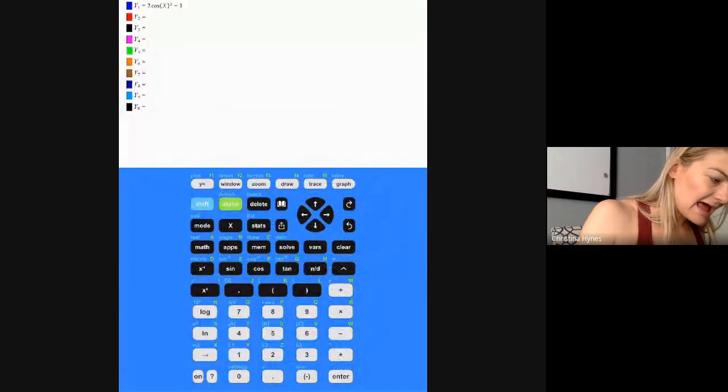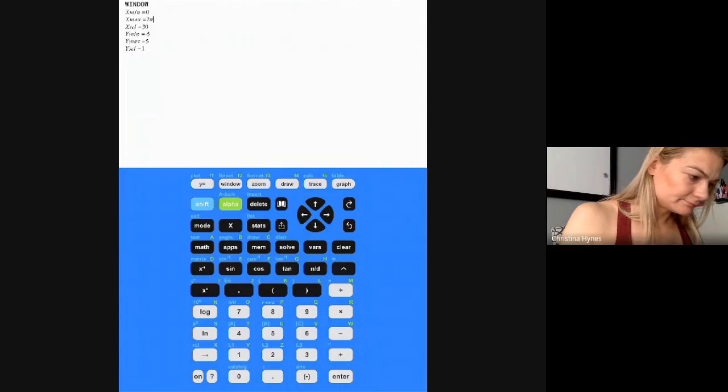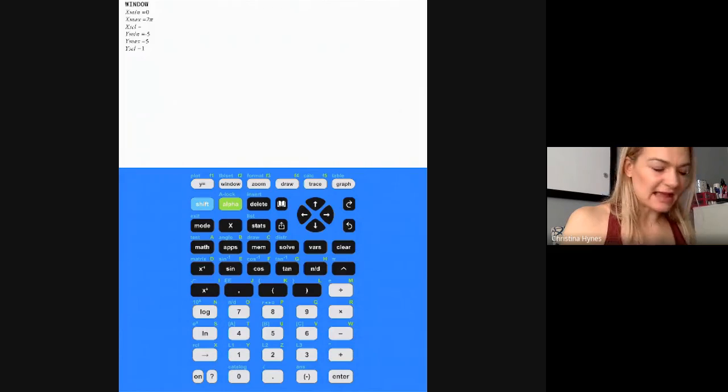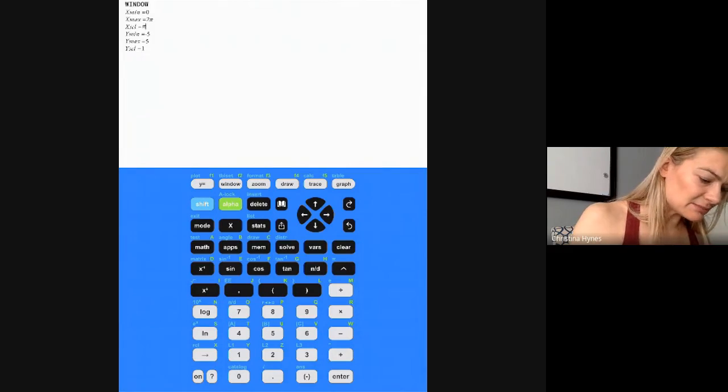Subtract 1, and then you're going to change your window. So I'm going to go from 0 to 2 pi, going up by, we can use the scale that we have, which is pi over 4. So press second, or shift, with that little exponent symbol, and you'll get the pi.